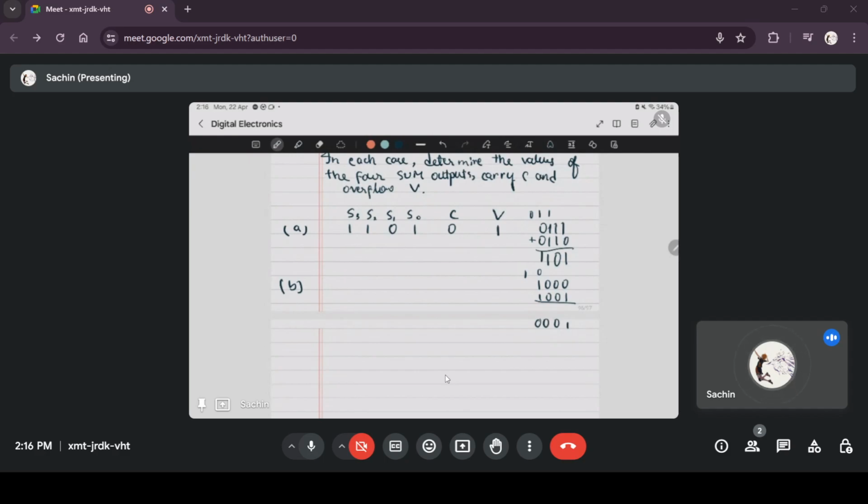So C3 XOR C4 is 0 XOR 1, which is 1. So there is an overflow, there is a carry out, and the sum is 0001. So you should have gotten minus 15, which can't be represented with just 4 bits.